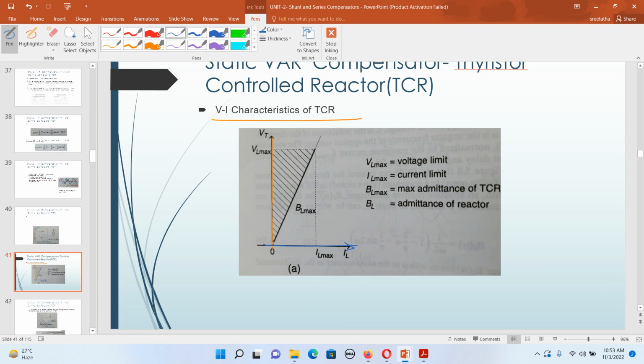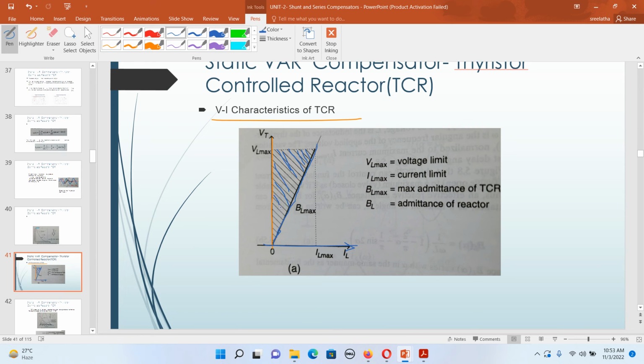You see, we got BL max, the maximum admittance of the TCR, and by varying the TCR admittance, this shaded part is called the operating region, girls.